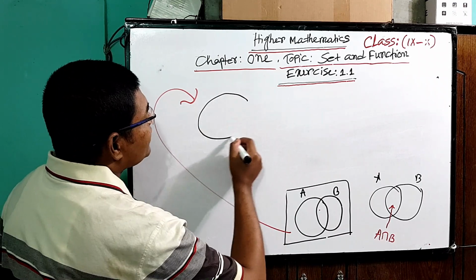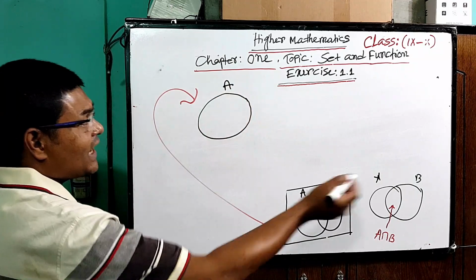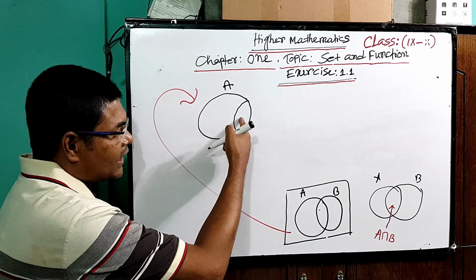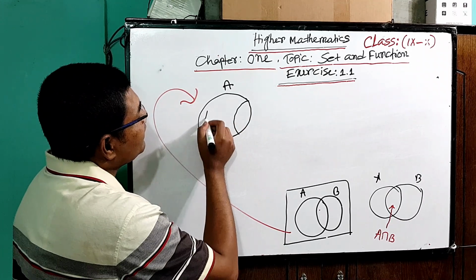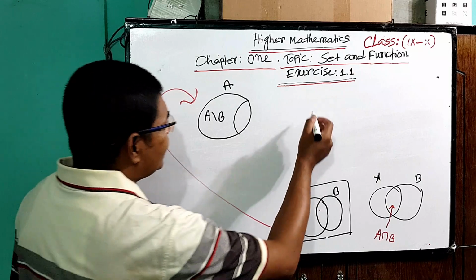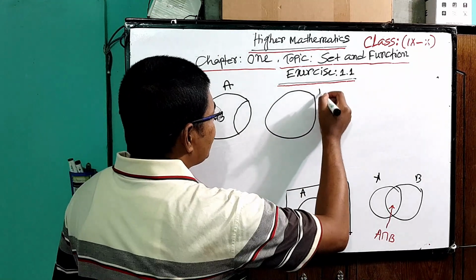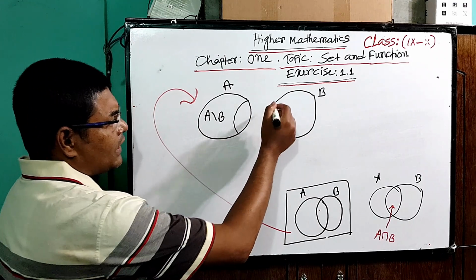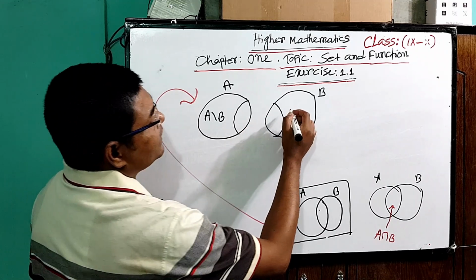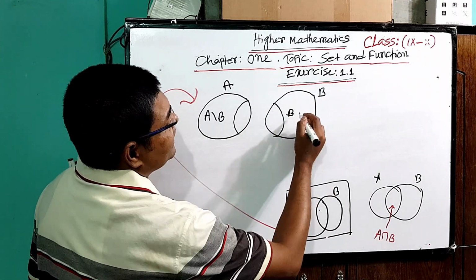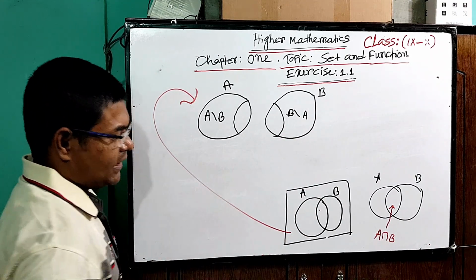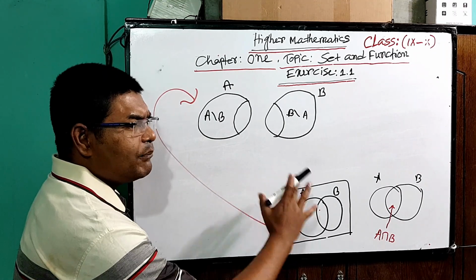In the set of A, this is A cut by this part, cut by B. So it will be A difference of B. Again, the set of B, this part cut by A. So this part name will be B difference of A. Am I clear? These are the Venn diagram.